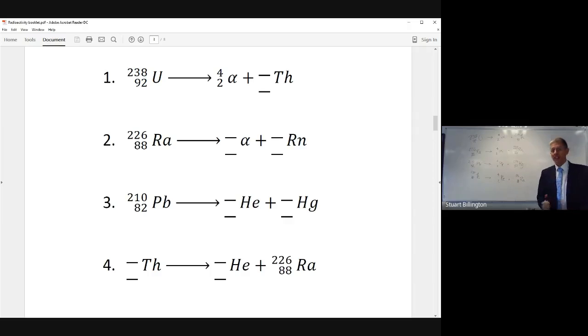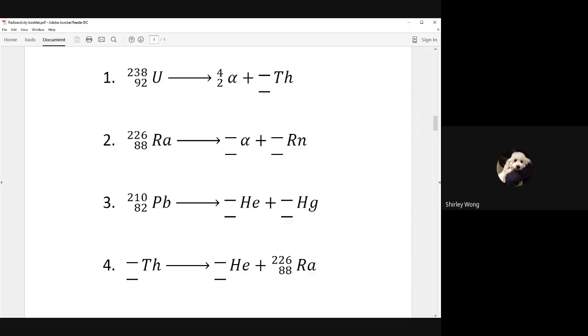Okay, there are a couple of little things that I want to point out on the board. So the first thing is there's some thorium up there, and there's some thorium there. That one's thorium-234. That one's thorium-230. Why is the mass number different? Have we made a mistake? It's isotope.